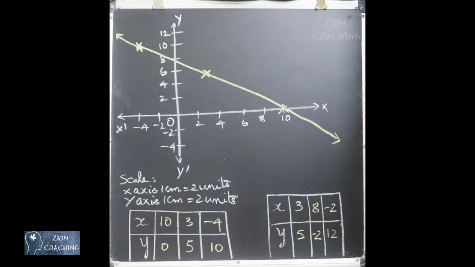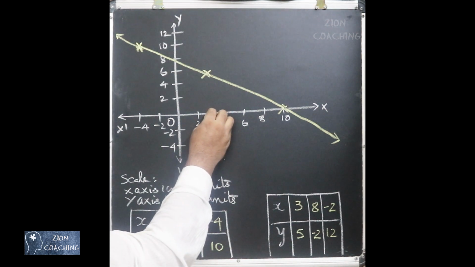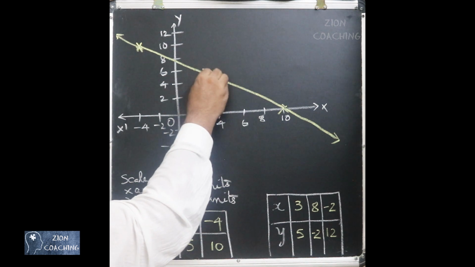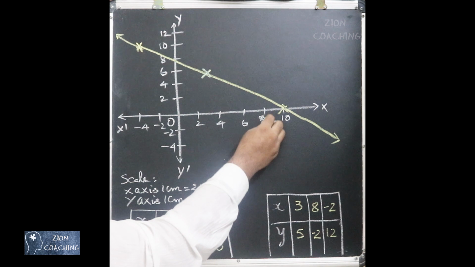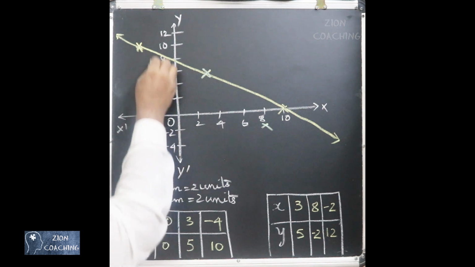Then you plot the coordinates of the second line. We have (3, 5). (3, 5) is this point. Then (8, minus 2) is this point. Then (minus 2, 12), it is here.